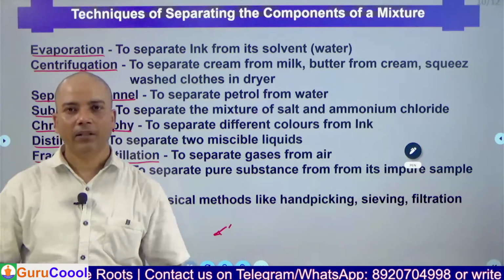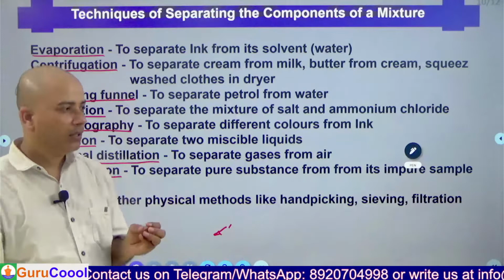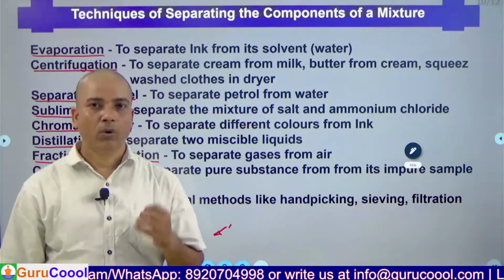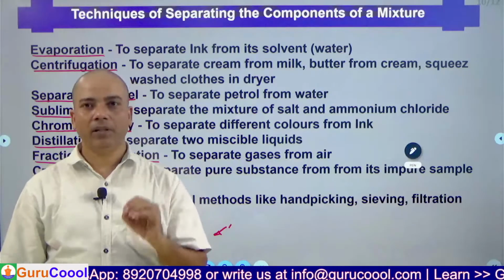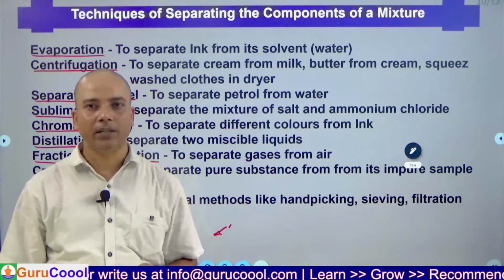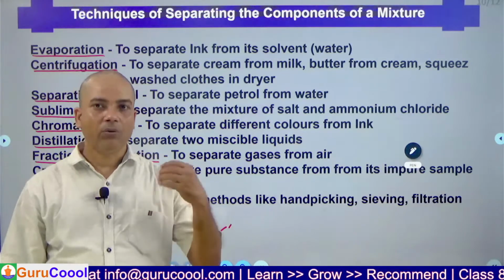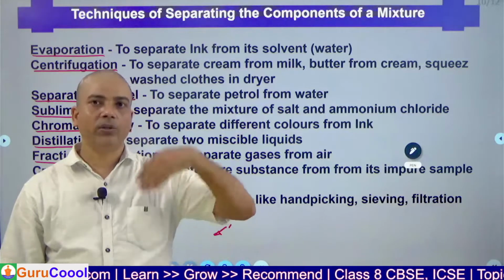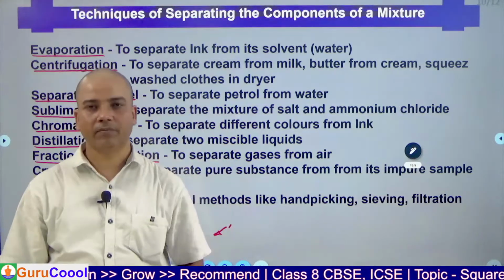Ammonium chloride is a solid substance having a very low boiling point. What happens when we give even a small amount of heat? It evaporates easily, and without converting into liquid, directly from solid to gas conversion happens.